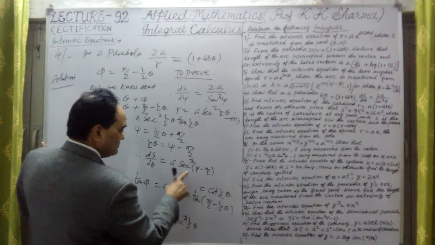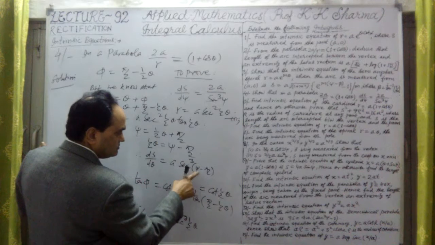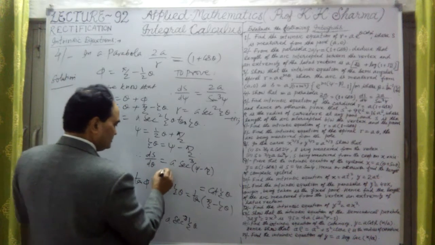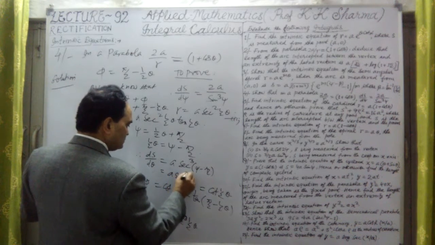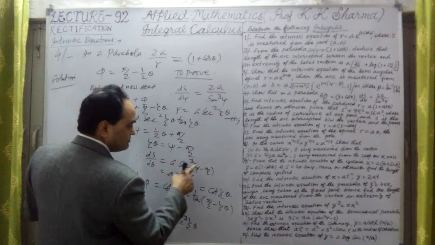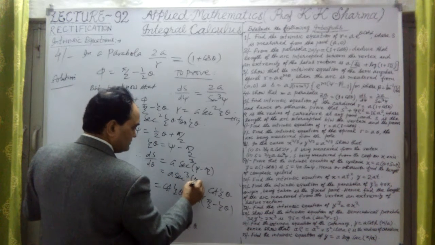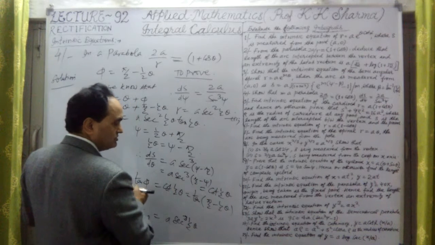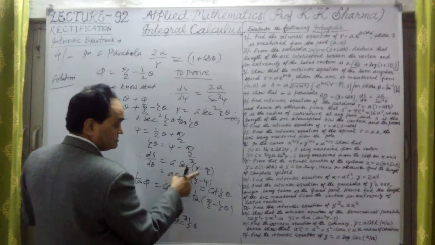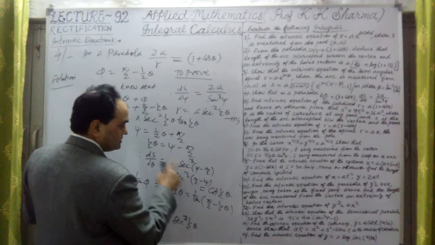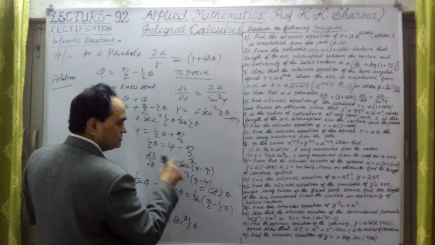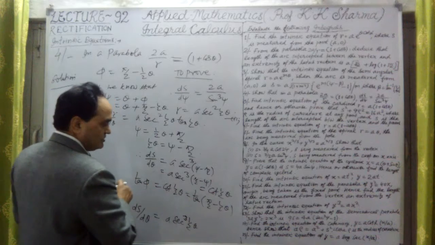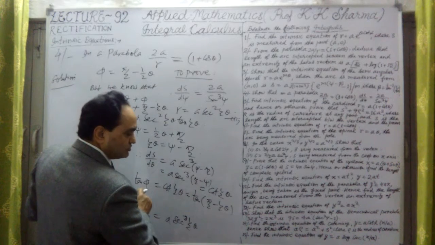It can be written as a into secant cube, because secant is an even function. We can write it as pi by 2 minus psi by taking the negative sign common. But a negative angle doesn't change sec, because sec and cos are even functions; they remain positive.